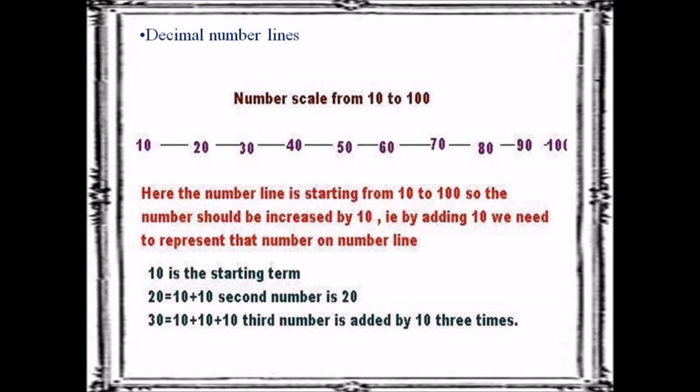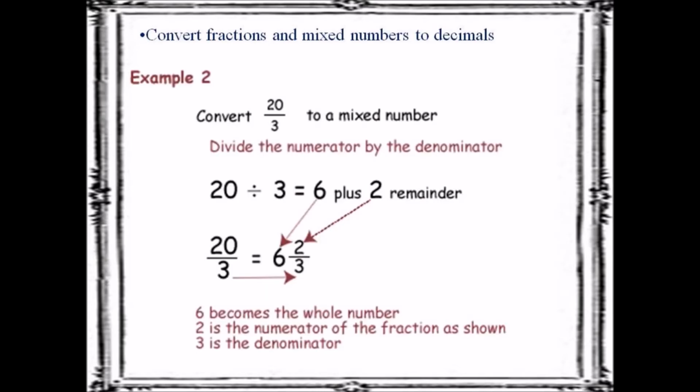The 40th will be 10 more, 50 will be 10 more, 60 will be 10 more, 70 will be 10 more, 80 will be 10 more, 90 will be 10 more, and 100 will be 10 more.